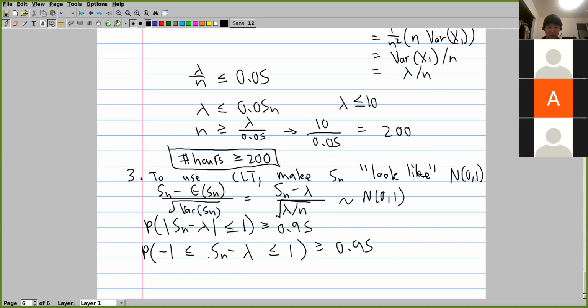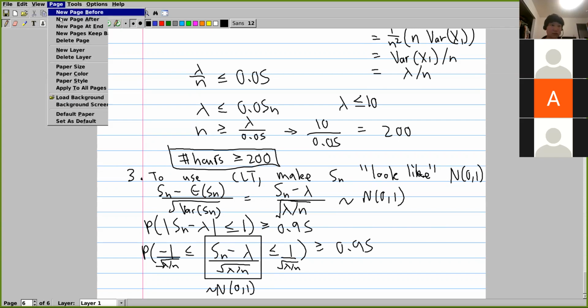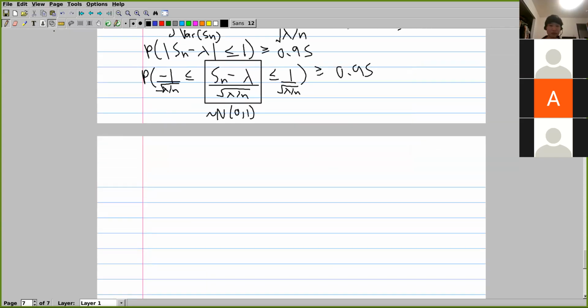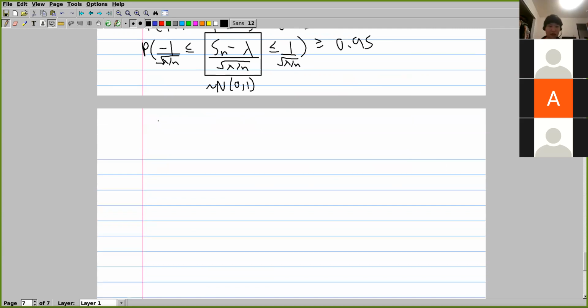Divide out by square root of lambda over n. And now this middle thing is standard normal. So now we do the same CDF thing, CDF of 1 over this.